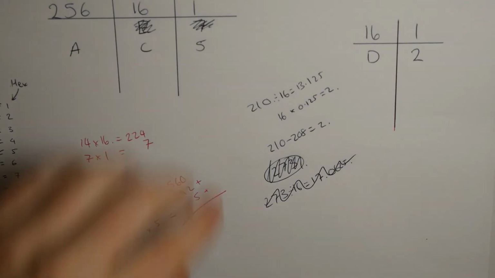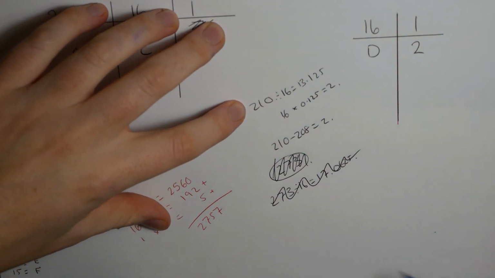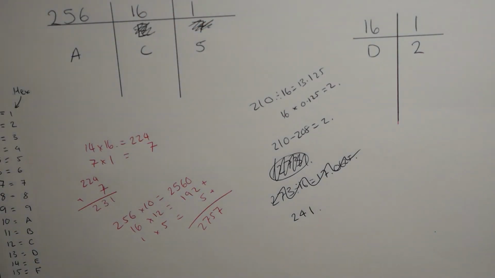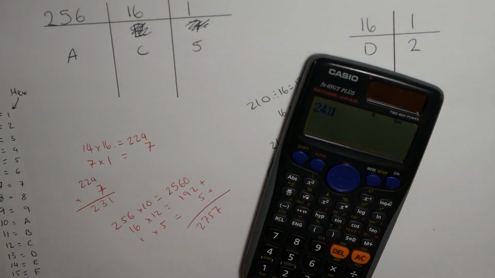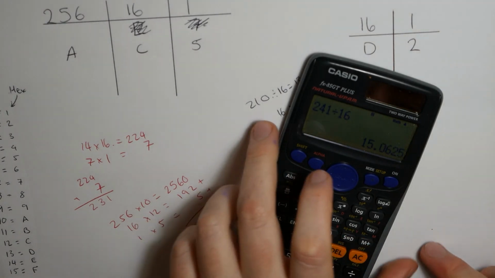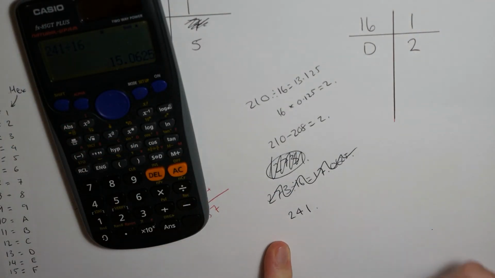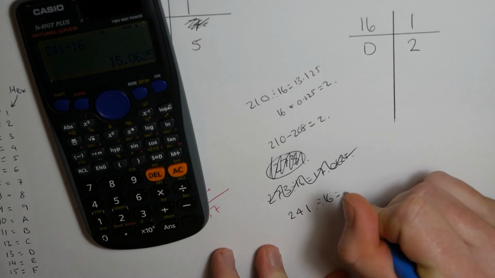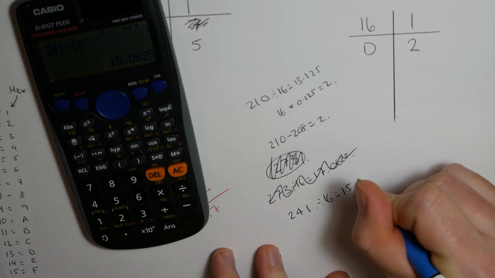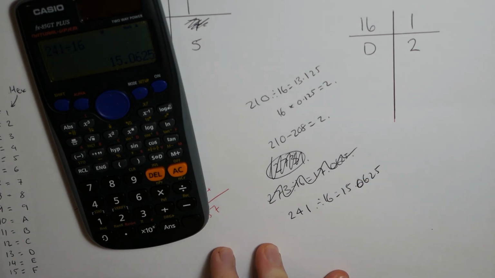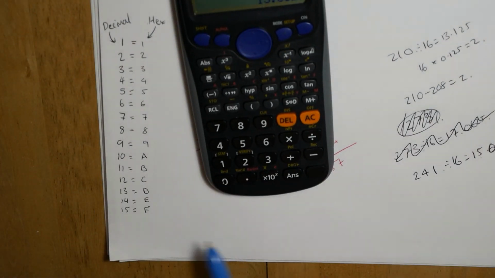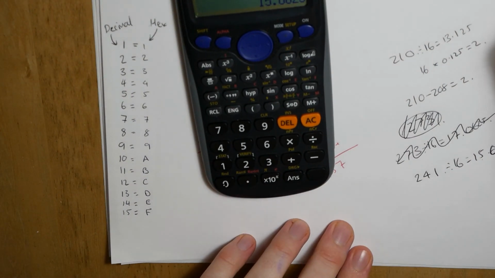So we'll go through another one, say, maybe 241. On our calculator, 241 divided by 16 is 15.0625. So hopefully we can then see the whole number is 15, so we go over to our little conversion, 15 equals F, so pop the F there.